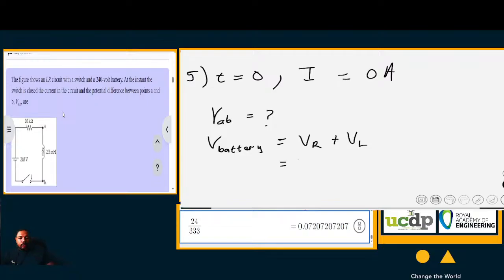Now the voltage across the resistor is just I times R, the current that flows through the resistor, 0 amperes, multiplied by the resistance, which is 10 kilo ohm. So 0 times 10 times 10 to the 3 is the voltage across the resistor, plus the voltage across the inductor. How do we calculate the voltage in the inductor?